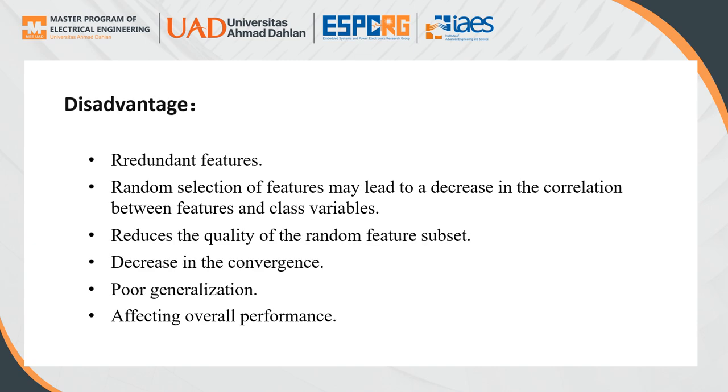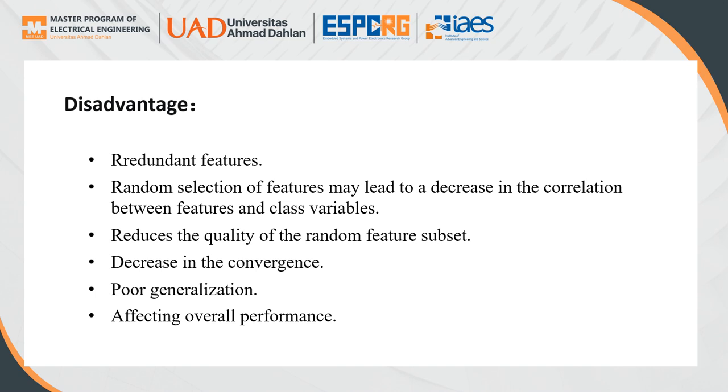However, when the feature dimension of the dataset is high and there are a large number of redundant features, random selection of features may lead to a decrease in the correlation between features and class variables.